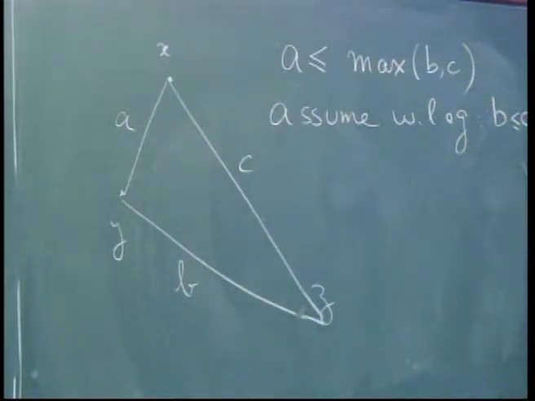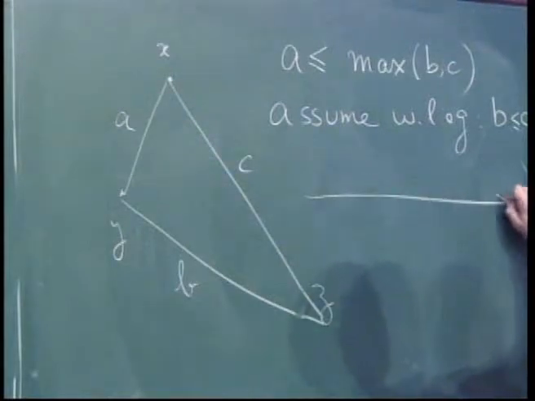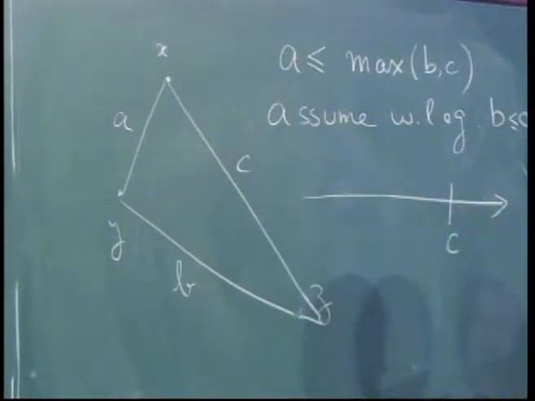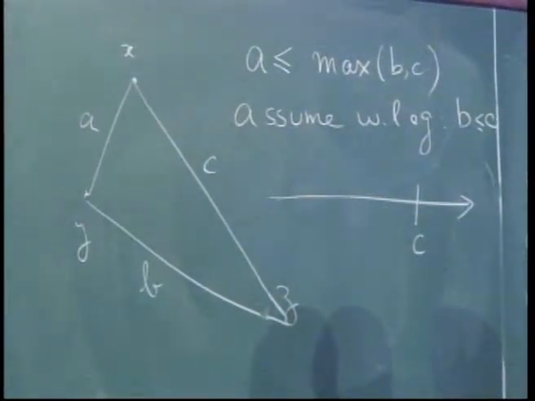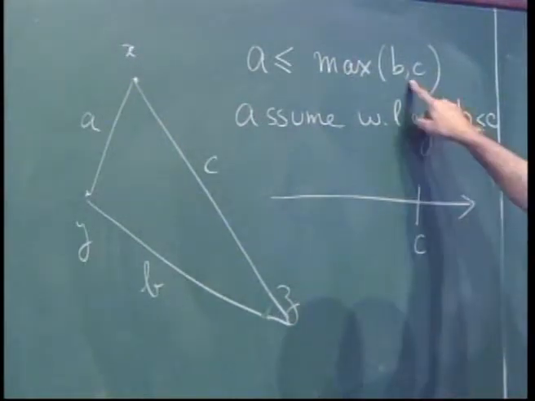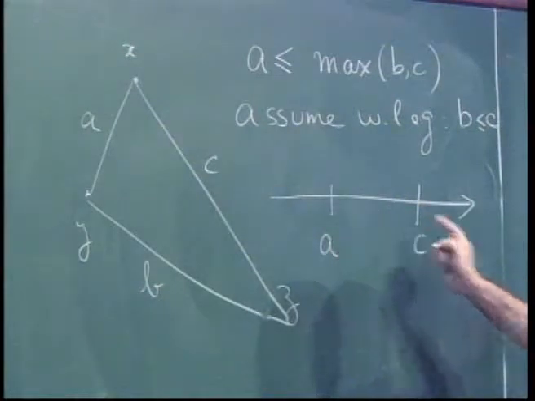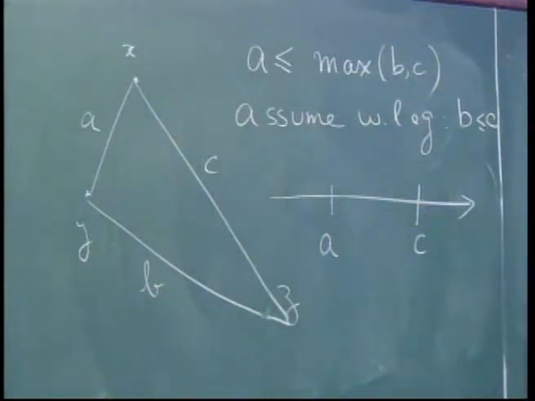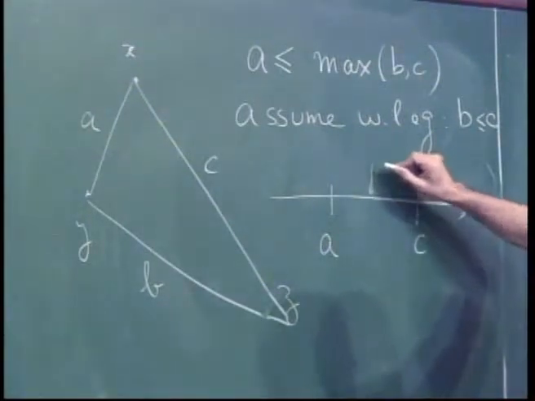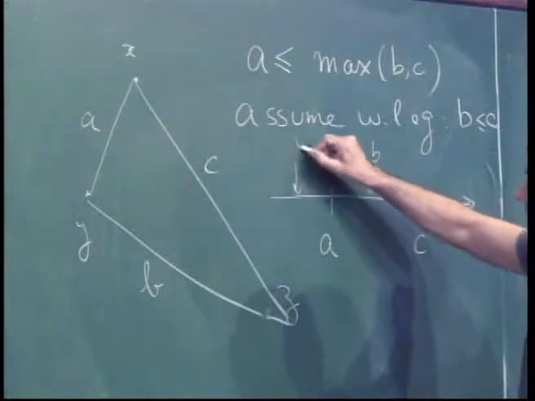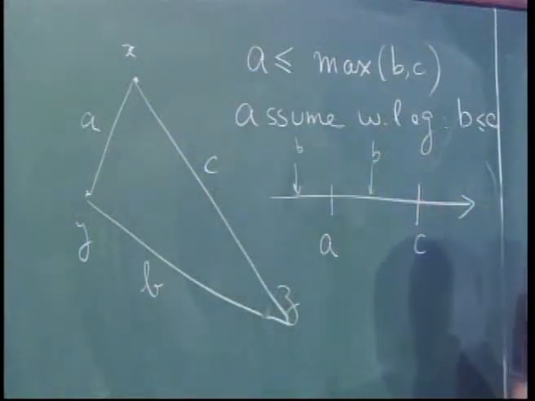Right? So I have 2 possibilities. Here's a real line. I have C here, which is larger than B. And so the max is C here. And A is smaller than that. Now B can be wherever it wants, on the left of C. In my picture, B is somewhere here, but it could be here. Right?